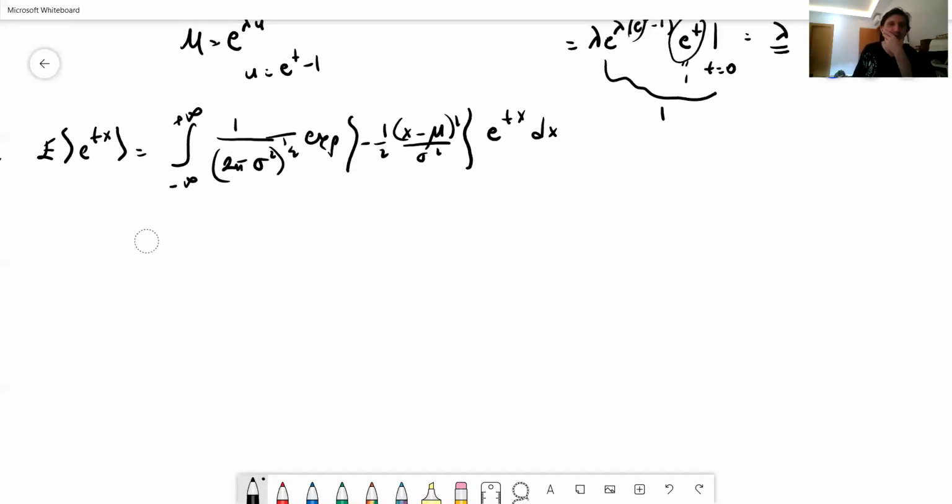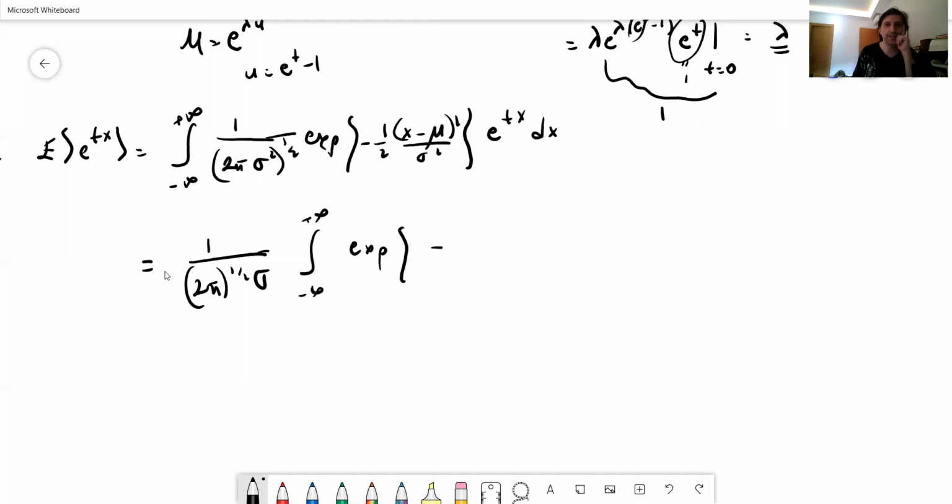So this part is going to be up, if I can draw it. So it's going to be 1 over 2 pi sigma, if we take the constants out, integral from minus infinity to plus infinity, exponential minus x squared minus 2 mu x plus mu squared.